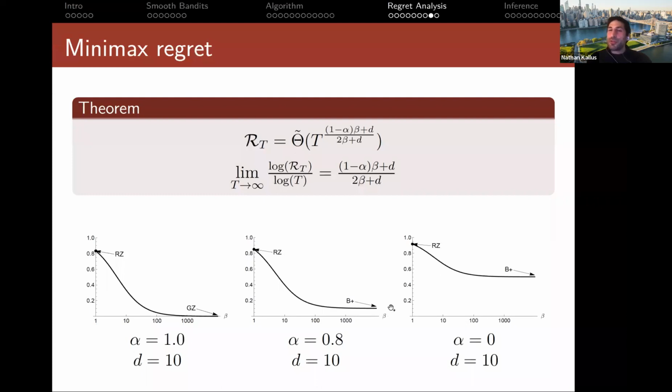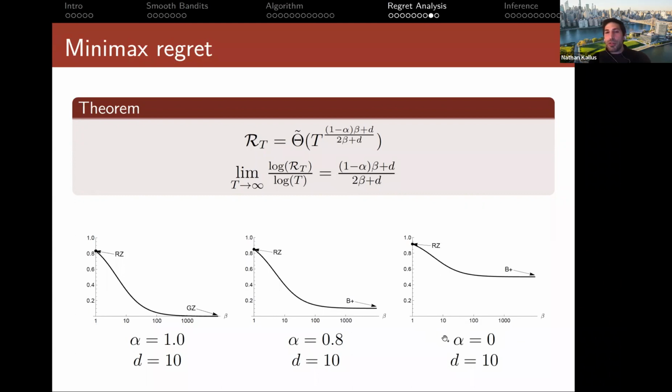That constant happens to correspond exactly to what happens if you take Goldenshluger and Zeevi's problem, with no smoothness, no beta going to infinity, just a linear regression function, and you assume a less sharp margin than Goldenshluger and Zeevi do, which was done in the Bastani et al. paper. Whatever they got for a linear regression problem, that exponent exactly matches the limit of our exponent when beta goes to infinity. So again, we see that the behavior that occurs as we approach infinite extrapolatability is exactly the behavior in a problem with infinite extrapolatability.